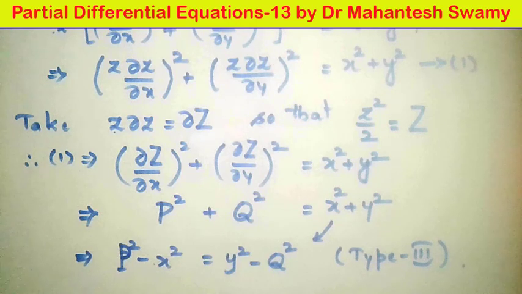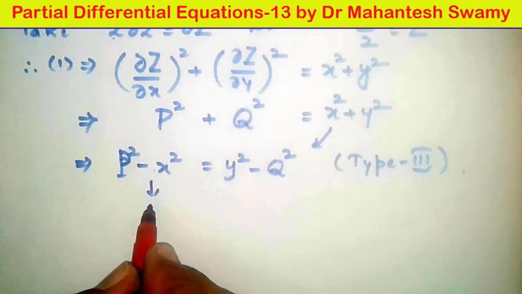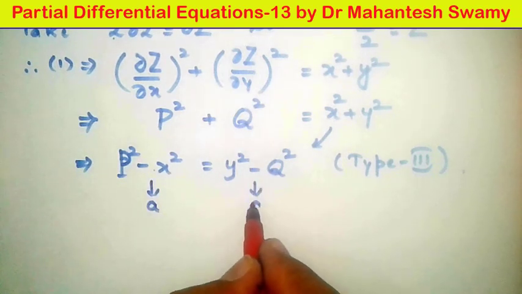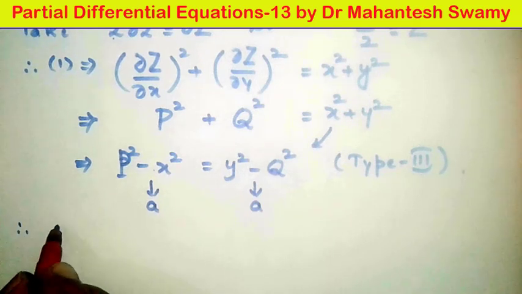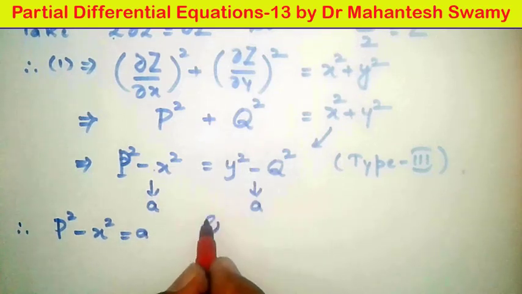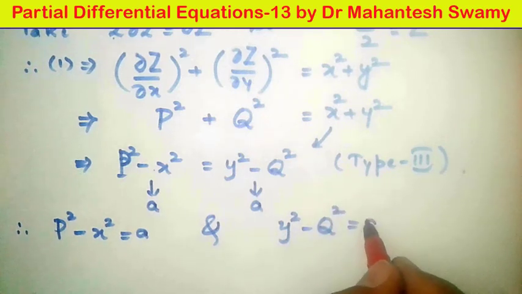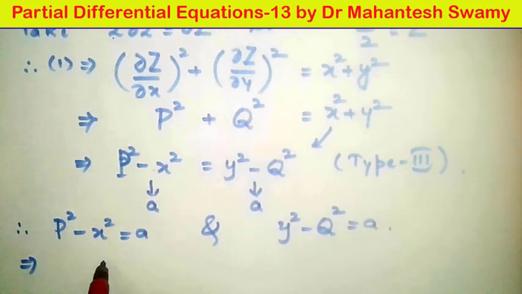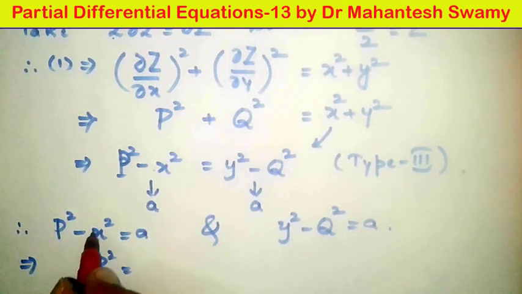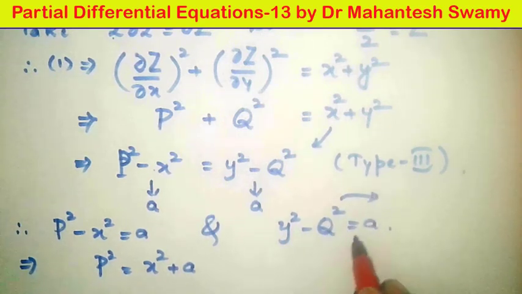After having these in the standard format of type number 3, our duty here is to take this LHS as A and the RHS also as the same arbitrary constant A. Therefore capital P square minus x square equal to A and y square minus capital Q square equal to A. From this we get the value of capital P square as x square plus A, and here if we transfer capital Q square to the other side, it becomes plus Q square.